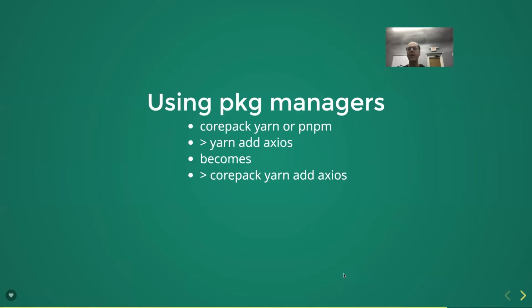In this case, I'm adding Axios, basically for doing my HTTP requests, and this is how you would add that. Normally if you're using npm, you just say npm install or npm i axios, but this is how we can use it with Corepack.